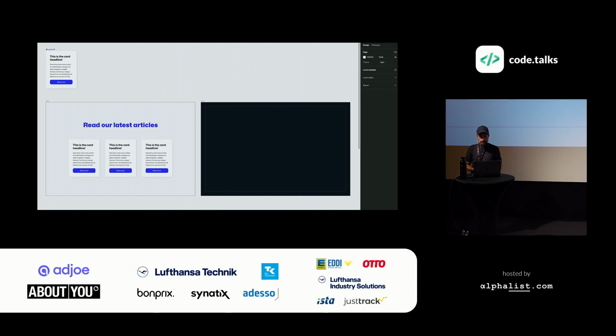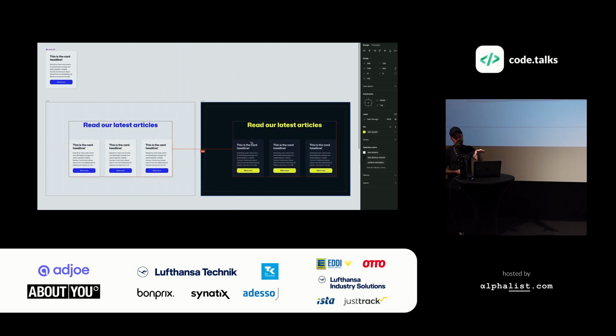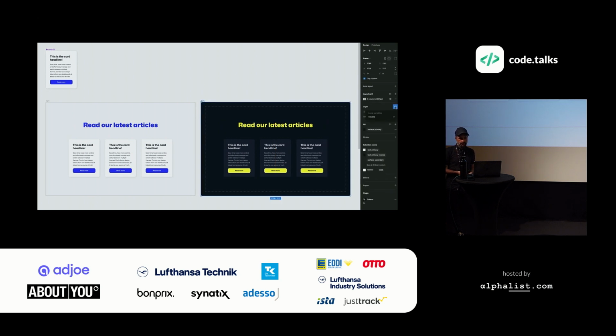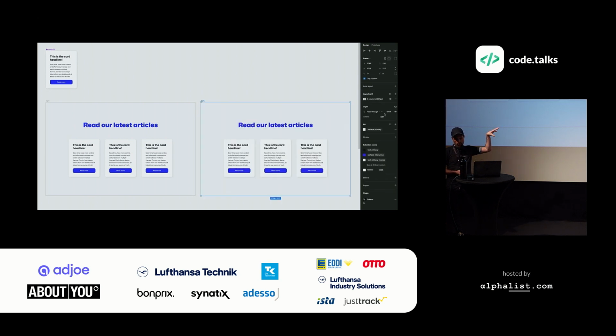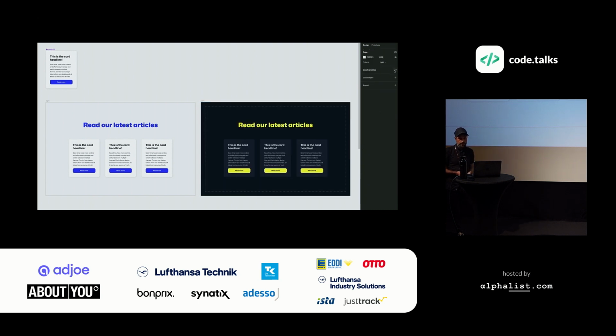So I have a card component or a combination, a group of card components. I just drag it in my dark frame, and it immediately gets dark. I change modes here, so it's the same I would do in the code, I can now do in Figma.